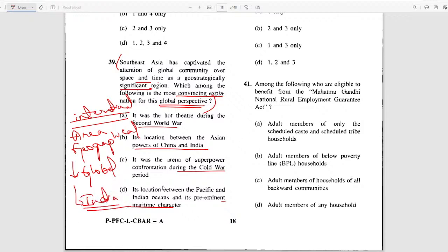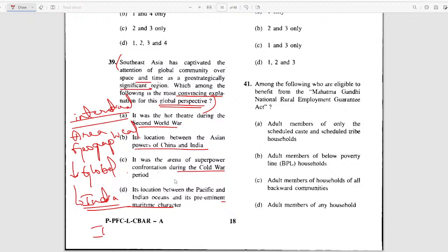So in the future they may ask why the Indian Ocean region is important to India, why the South China Sea is important to India, why a particular island or area is important to India. So you have to understand in which context they're asking. The main topic is policies and the areas affecting India's interest.